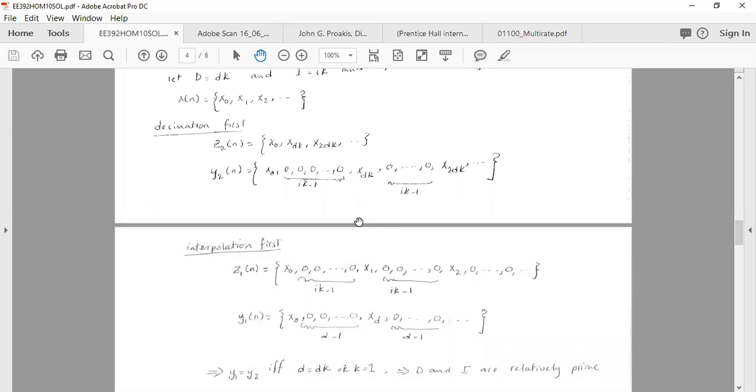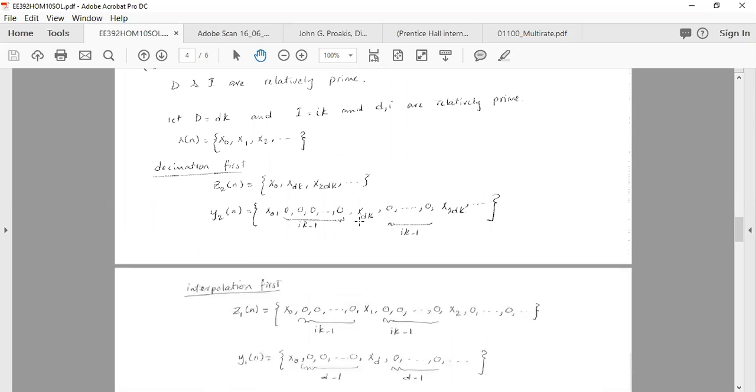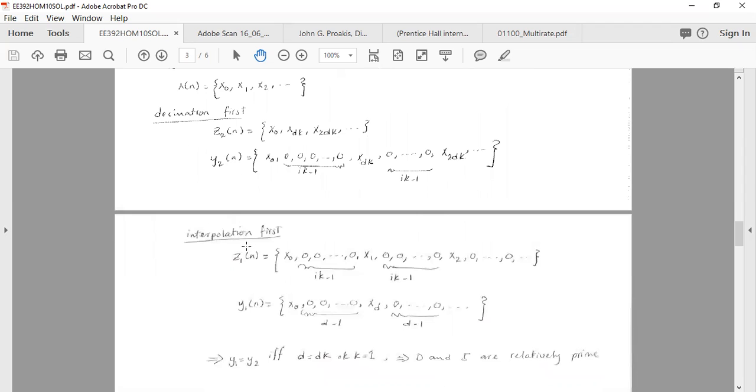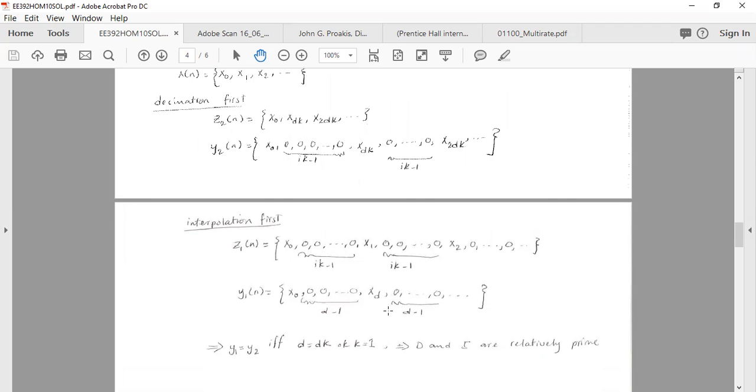And then this interpolated signal goes through the decimator, so decimation takes place. In that particular case, this number of zeros is reduced.